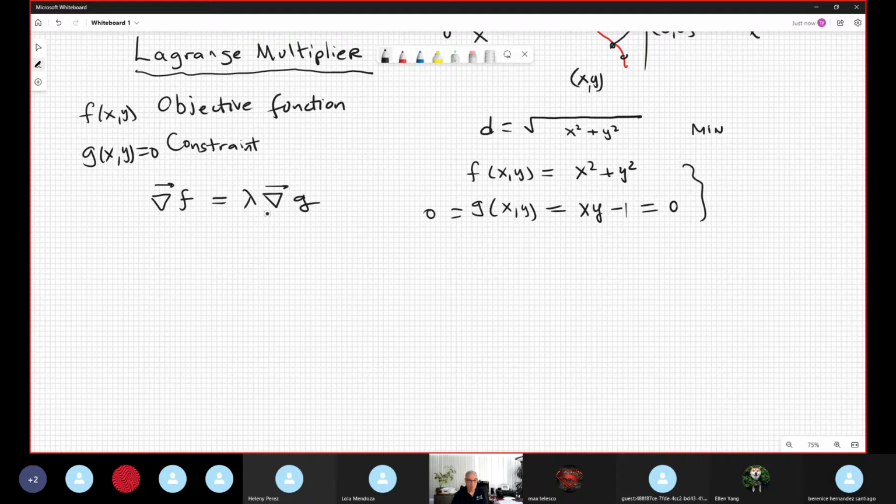So, I propose you create a systematic way. For example, you compute the partial derivative of f with respect to x, the partial derivative of f with respect to y, the partial derivative of g with respect to x, and the partial derivative of g with respect to y. These are the components of the gradient, no? Both gradients. The partial derivative of f with respect to x is 2x.